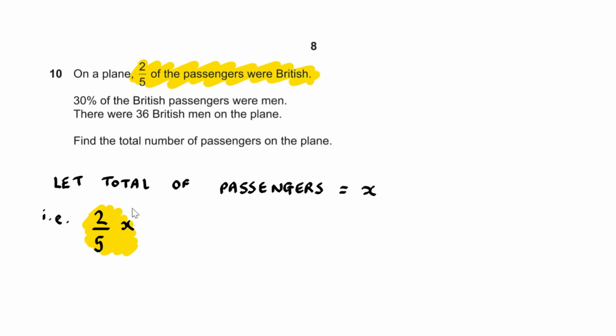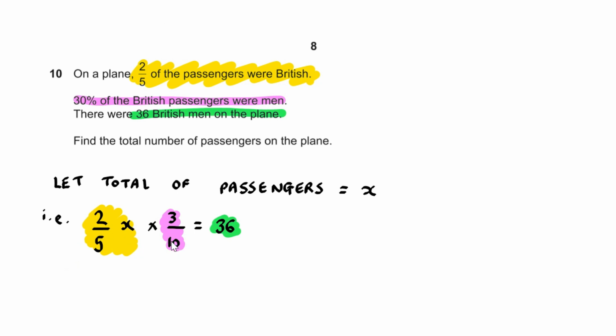And then 30% of these were men, so we times this by 30%, which is the same as 3/10. The reason we are timesing by 3/10 is because 30% of these passengers were men. And we know in total we have 36 British men, so this 36 corresponds to the fact that we've got 36 British men.